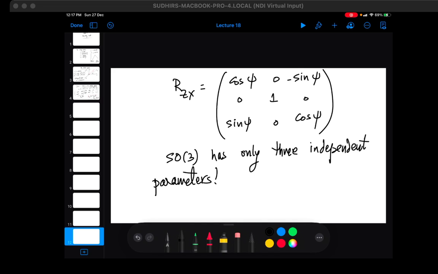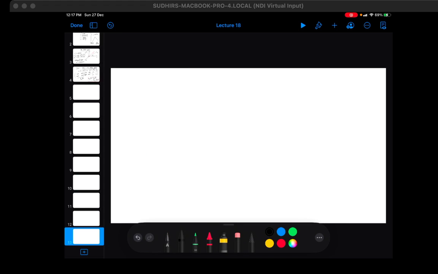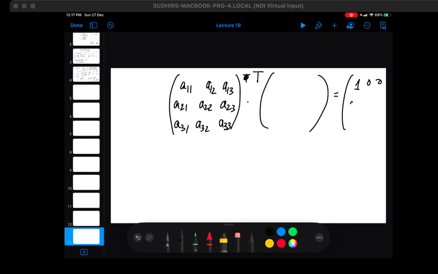Now, how do I know that? Because I can define an orthogonal group in 3 dimensions. If I write a matrix in 3 dimensions, A11, A12, A13, A21, A22, A23, A31, A32, A33, times its own transpose, it is equal to 1 0 0, 0 1 0, 0 0 1.